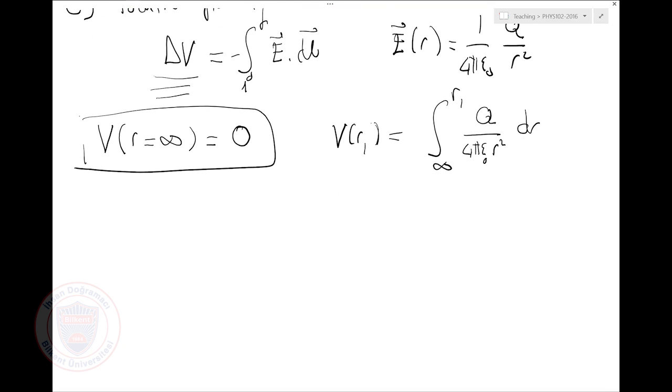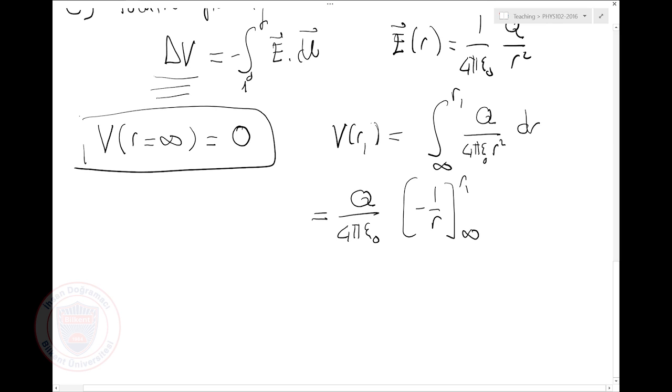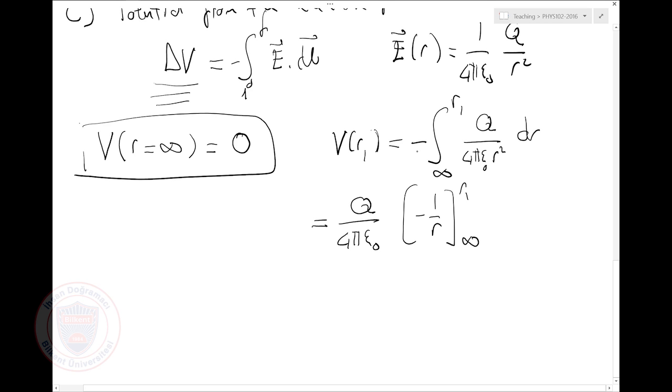Now, what's the integral? These are constants. I'm taking them out. The integral is minus 1 over r at r1 and infinity. But remember, I had this minus sign, which I have to put in front.